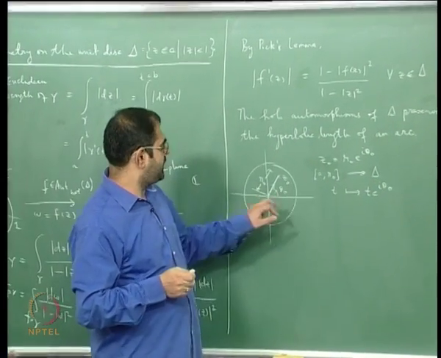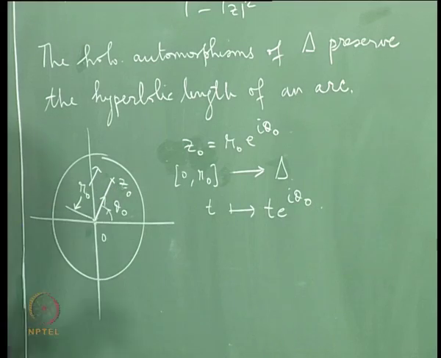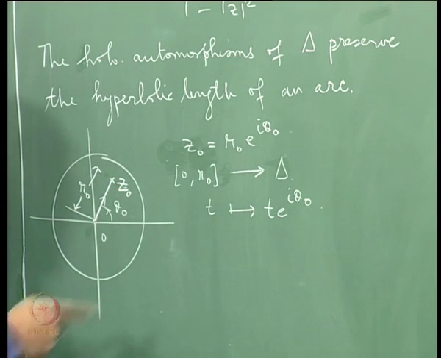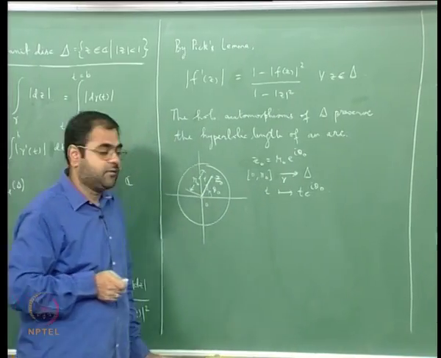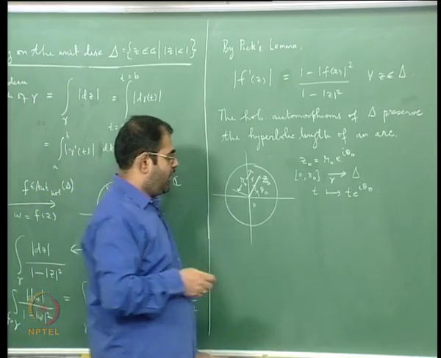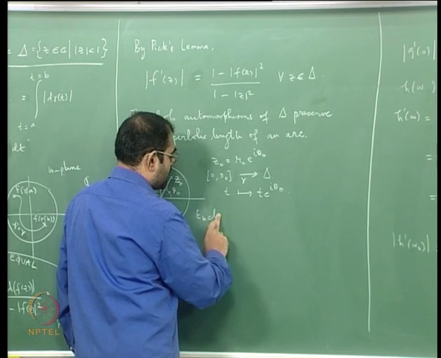When you put t equal to 0 you get the origin, and when you put t equal to r0 you get z0, and you get this straight line segment joining the origin to z0. So this is your path gamma, the straight line segment from 0 to z0, where z0 is a point of the unit disk. What is the Euclidean length of gamma?